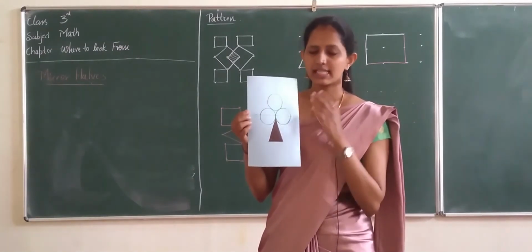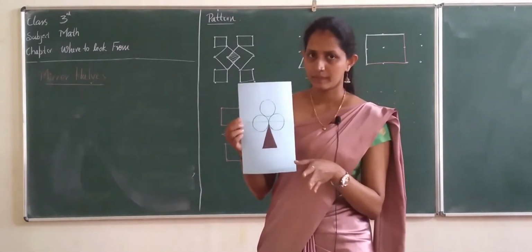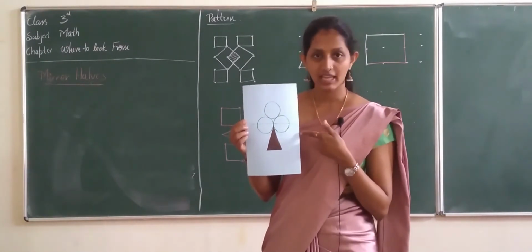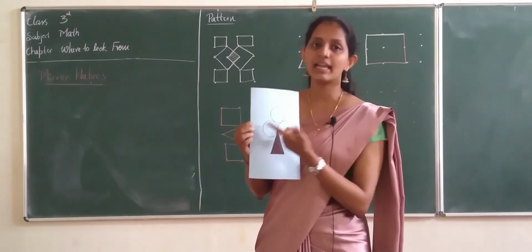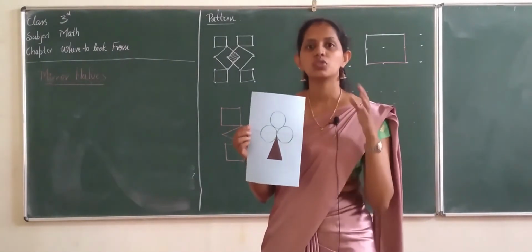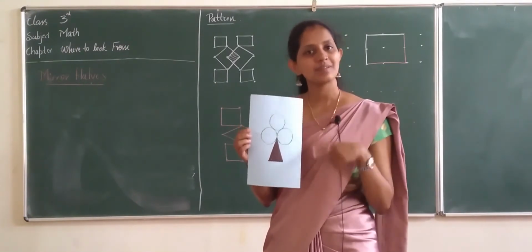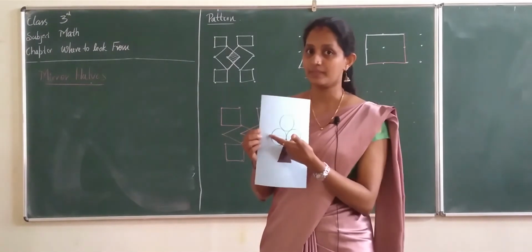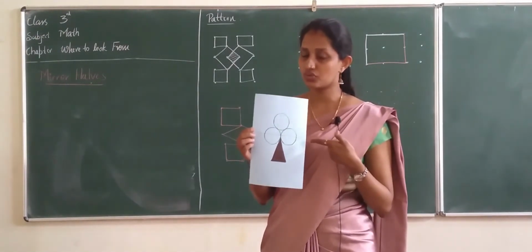I should get exactly half. No, correct? So when I cut through this dotted line, I did not get a symmetrical object. So this is an asymmetrical object when I cut through this line. Correct?